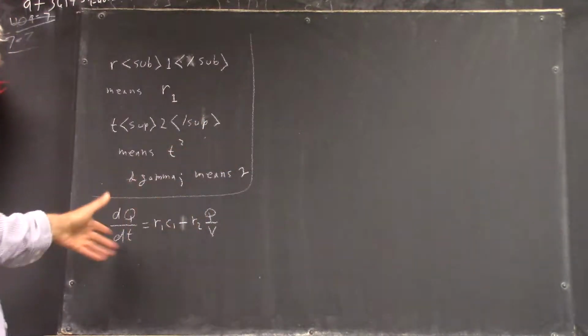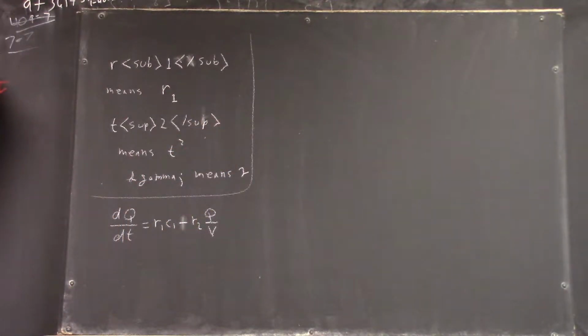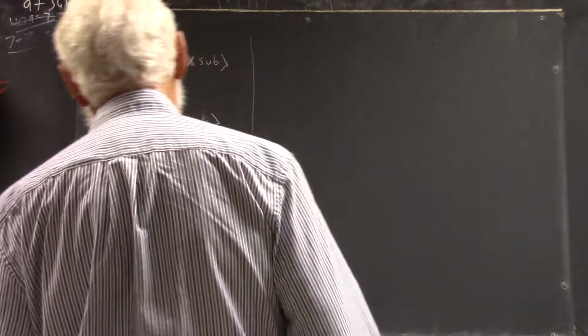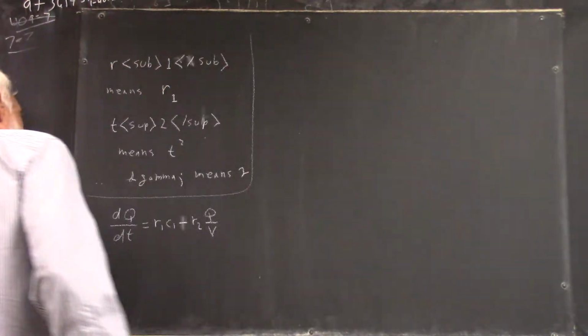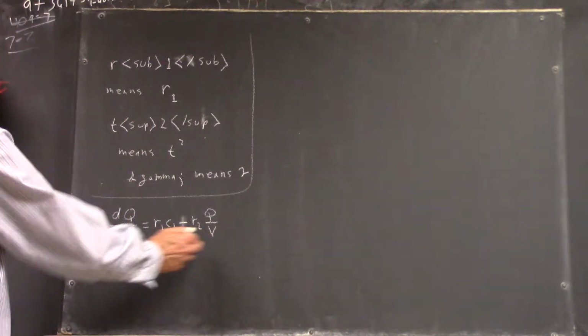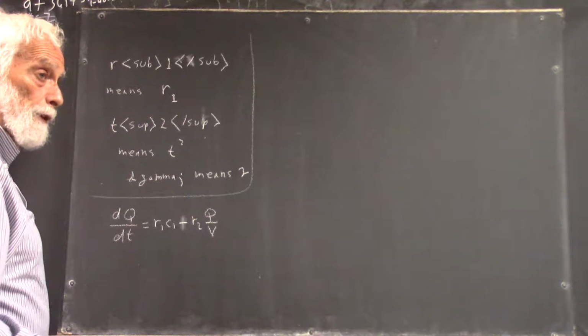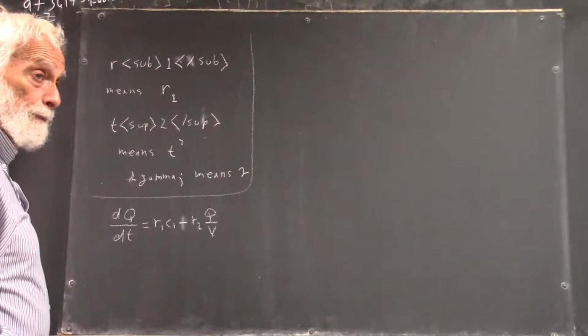Okay. So anyhow, how do we solve this equation? Would it help to bring the Q over? Okay, so if you bring this over here, it becomes a first order linear non-homogeneous equation, right?